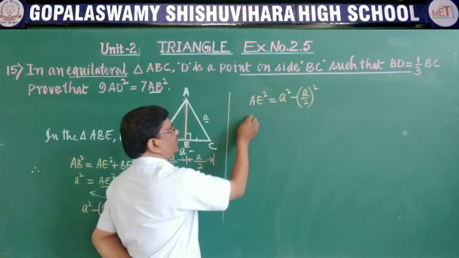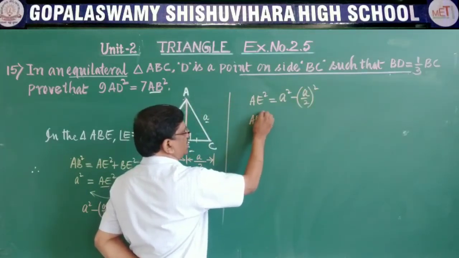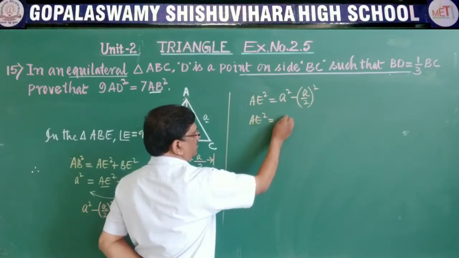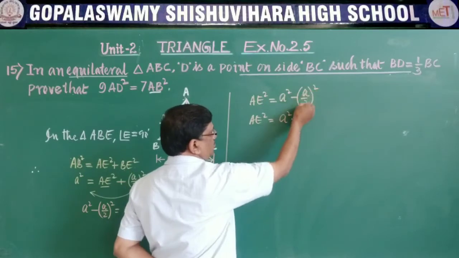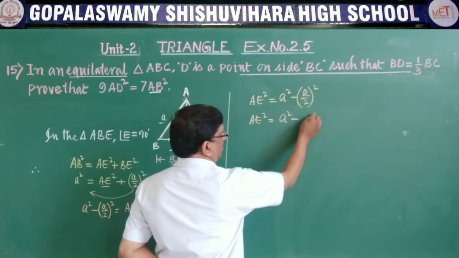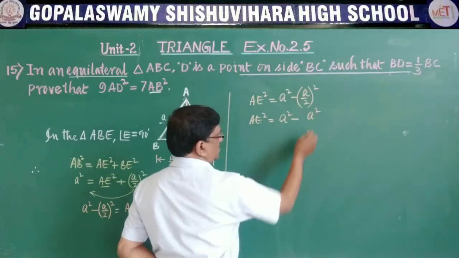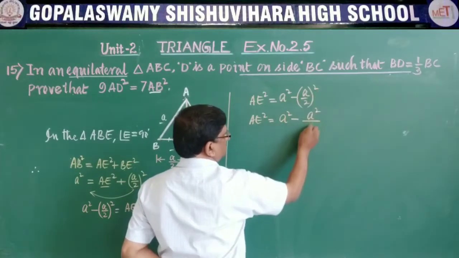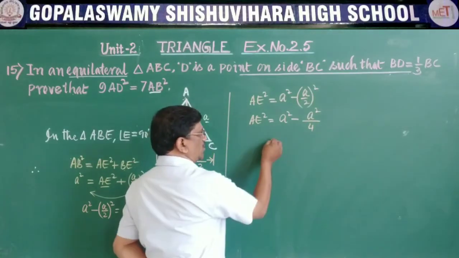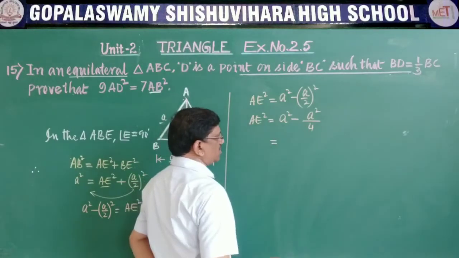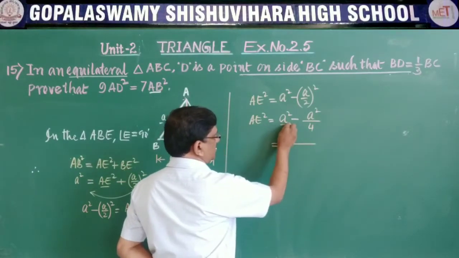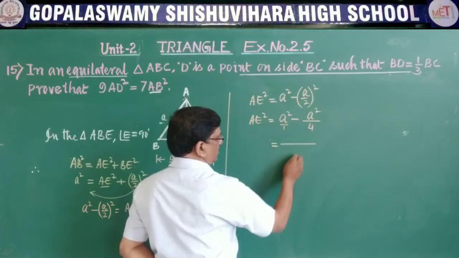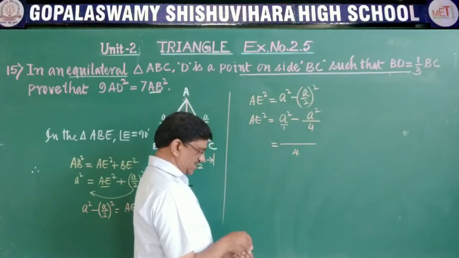Keeping AE square here only, A square minus, if you apply square to both numerator and denominator, it becomes A square divided by 2 square, which is 4. So now it is a subtraction of fractions. We have to take the LCM, children. What is the LCM here? 1 and 4, 4 itself is the LCM.